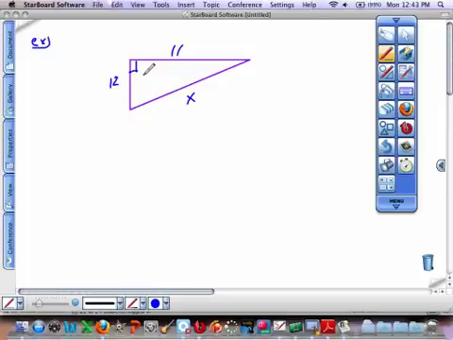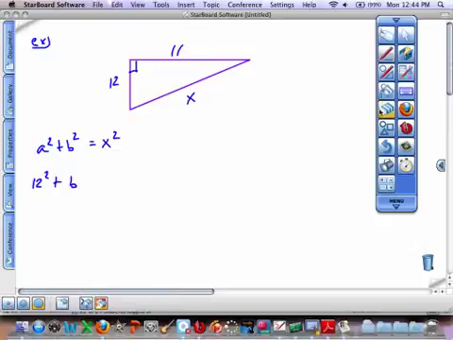How would I start solving for x? A squared plus b squared equals x squared. So which one's a and which one's b? A is going to be 12 and b is going to be 11. Does it really matter which one's a and which one's b? No, doesn't matter at all.